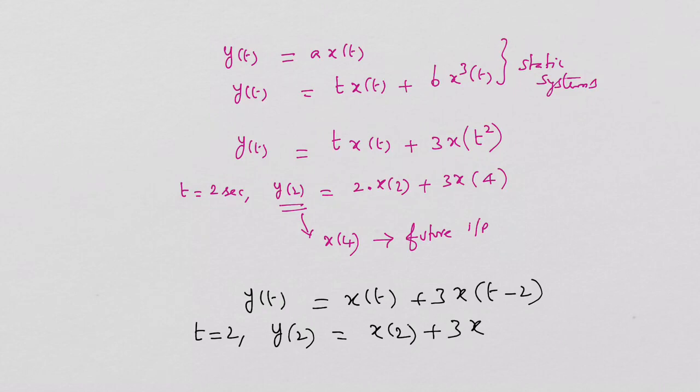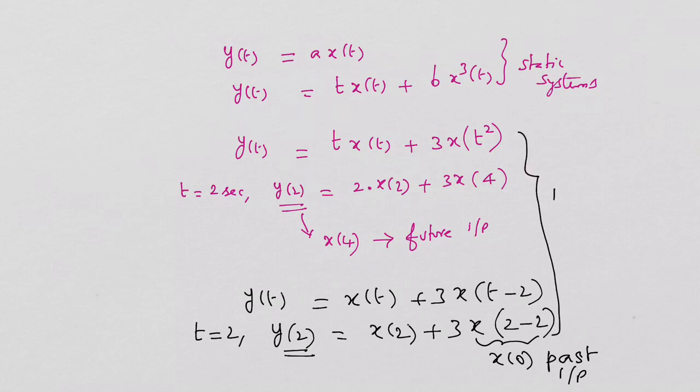Also, it depends on 3 into x of 2 minus 2, which is x of 0, a past input. So such systems are called dynamic systems, or systems with memory.